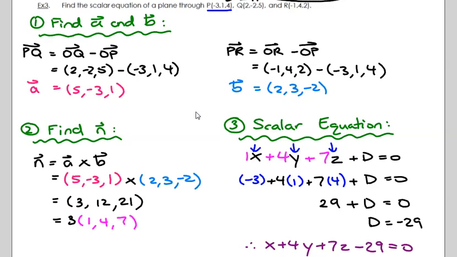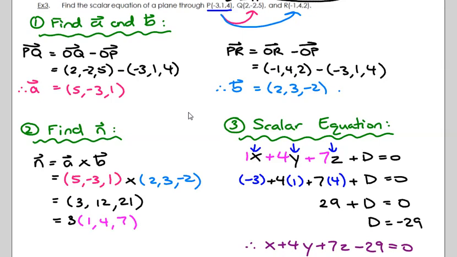Okay, so I found this one by doing the direction vector of PQ. And then I also found this one by doing the direction vector of QR. So I have 2 direction vectors now that I'm then going to do the cross product with.